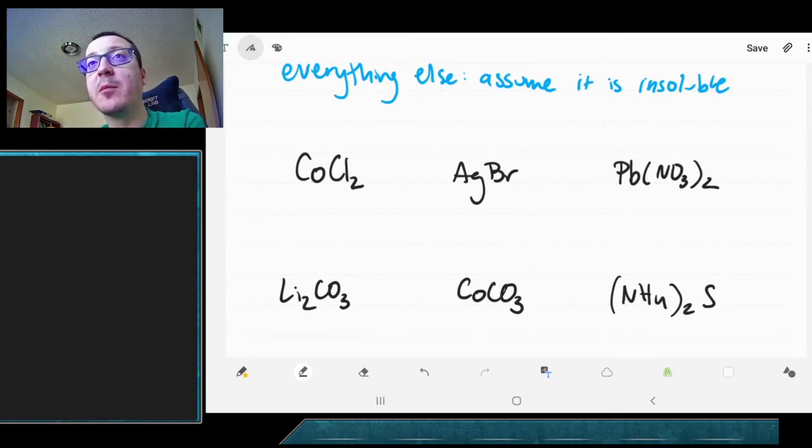Try and evaluate them now using the rules that we've just come up with. And try and tell me if these you would expect to be soluble in water. In the meantime, let's go to our textbook. I have some fun videos for us today. And of course, if there's any questions, throw them out there. Otherwise, we'll just have a few minutes to work on these while I pull up the videos.